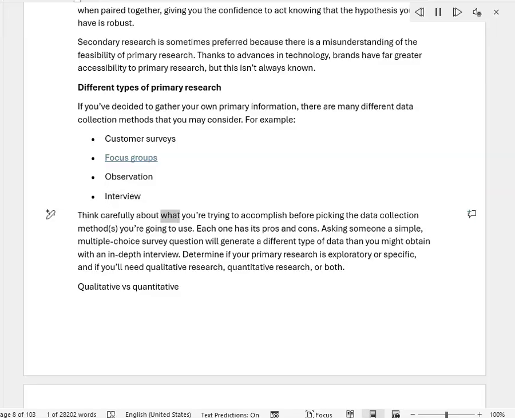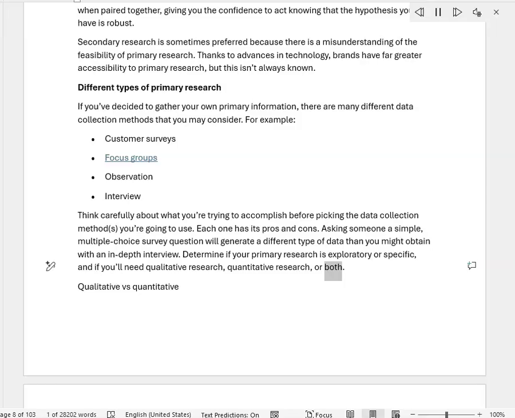Think carefully about what you're trying to accomplish before picking the data collection method you're going to use. Each one has its pros and cons. Asking someone a simple, multiple-choice survey question will generate a different type of data than you might obtain with an in-depth interview. Determine if your primary research is exploratory or specific, and if you'll need qualitative research, quantitative research, or both.